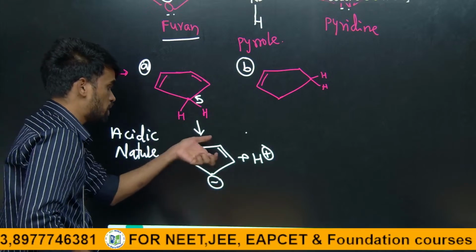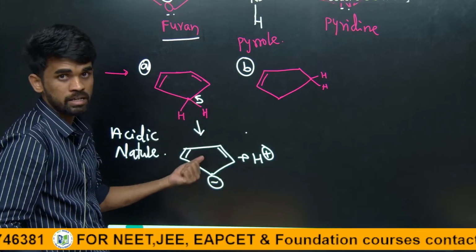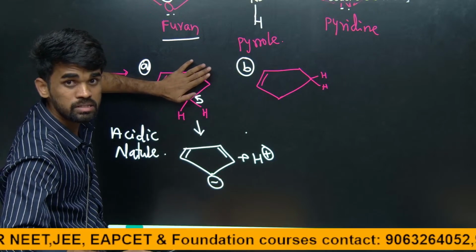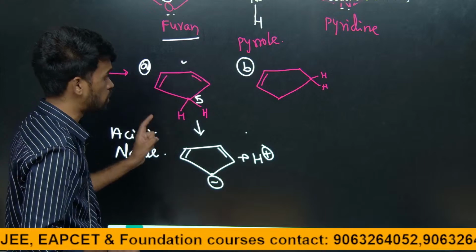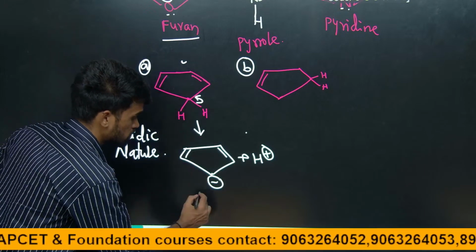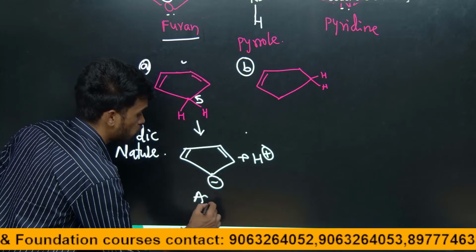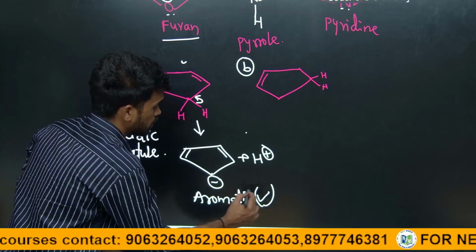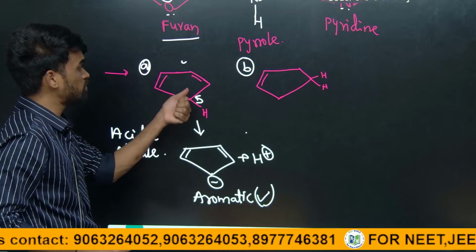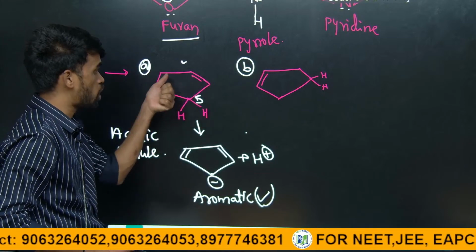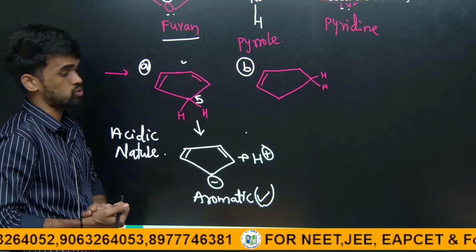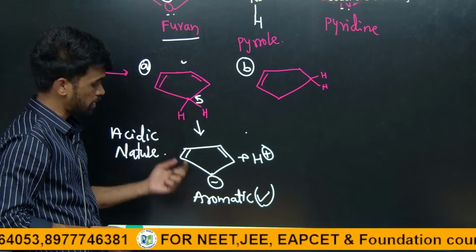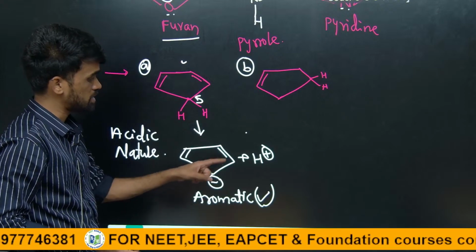If the conjugate base is aromatic, then the respective compound is said to be more acidic. Now we got this one, this is the conjugate base which is aromatic. Therefore the respective acid will have more acidic hydrogen, because the conjugate base is stabilized by aromatic nature. That's why it is having an acidic proton.